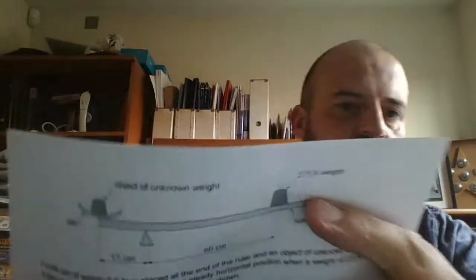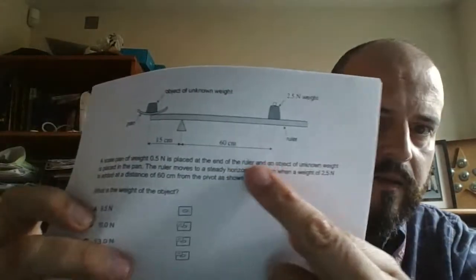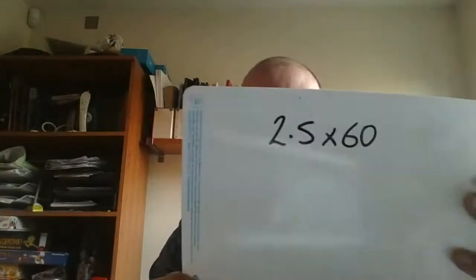So that's going to be a 2.5 Newton weight multiplied by 60 centimeters. We write that: 2.5 times 60.